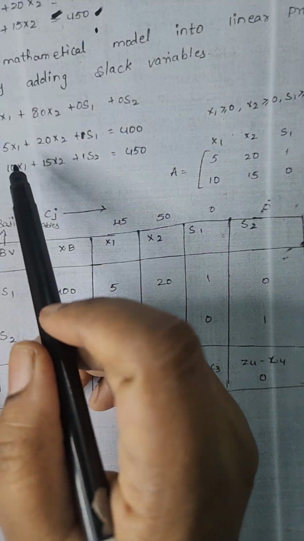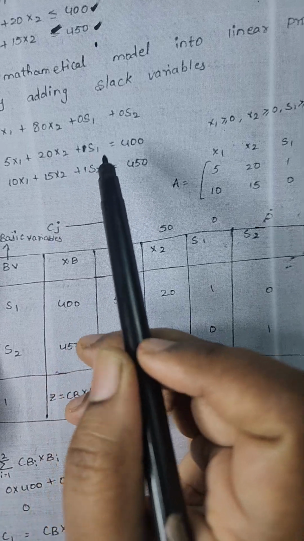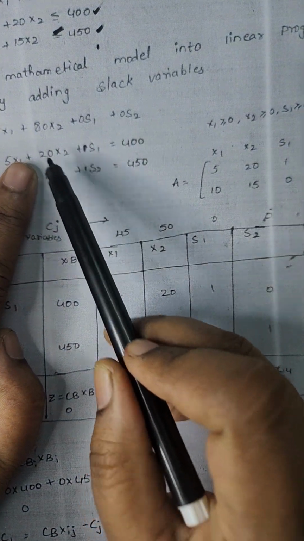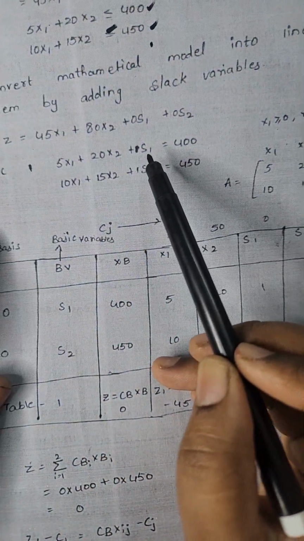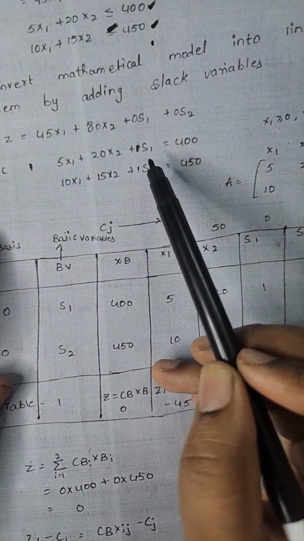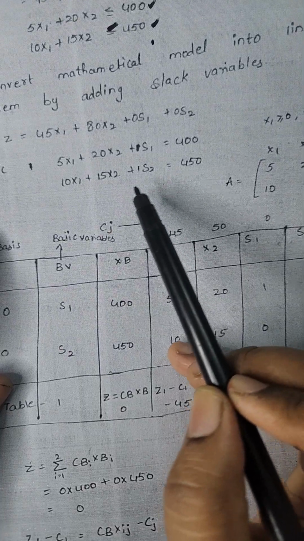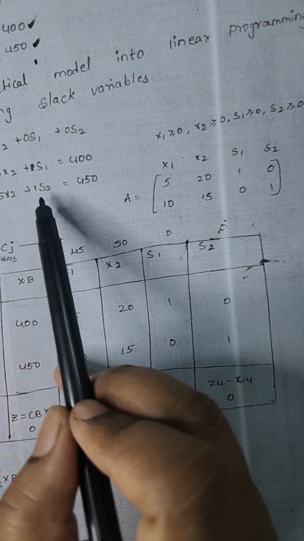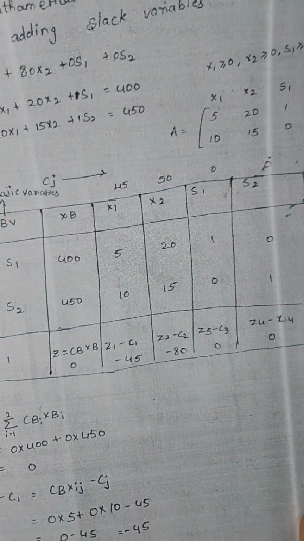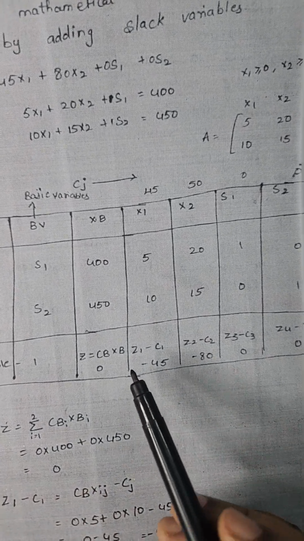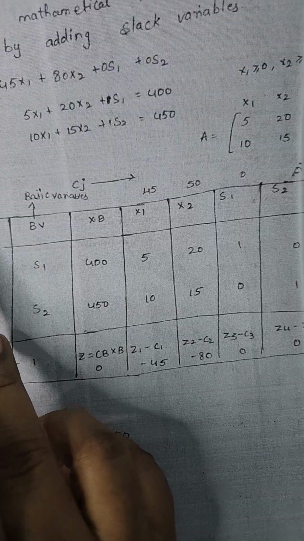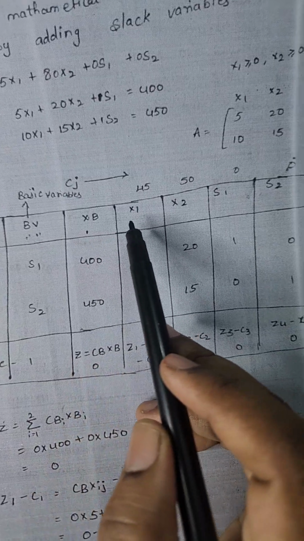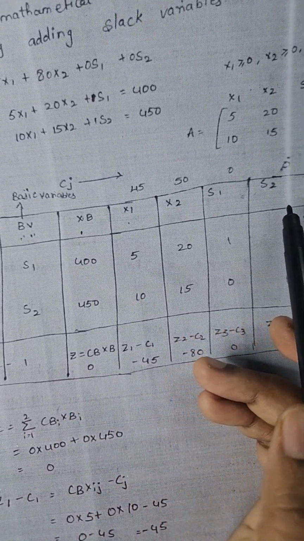Now take the coefficients of x1, x2, s1 and s2. The coefficients of x1 are 5 and 10, of x2 are 20 and 15. The coefficient of s1 is 1 in the first equation and 0 in the second, where there is no s1. The coefficient of s2 is 0 in the first and 1 in the second. Now form a table for the given data. The first entries are CB, the cost of basis variables, BV, the basis variables, and XB, followed by x1, x2, s1 and s2.